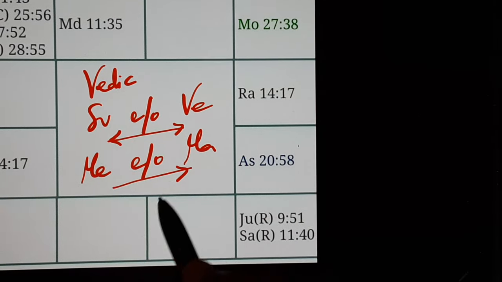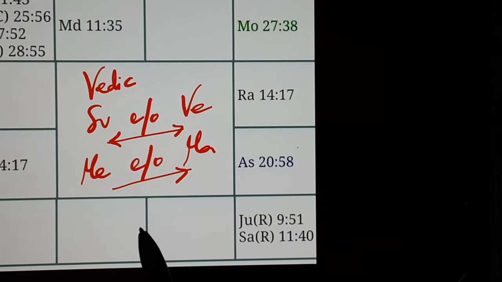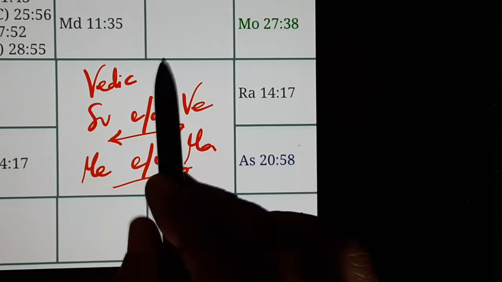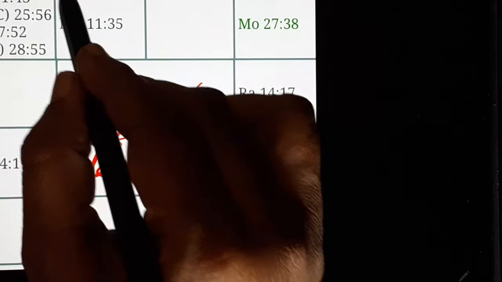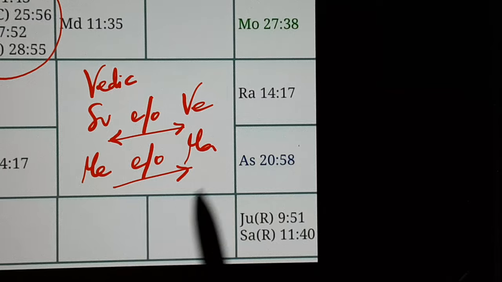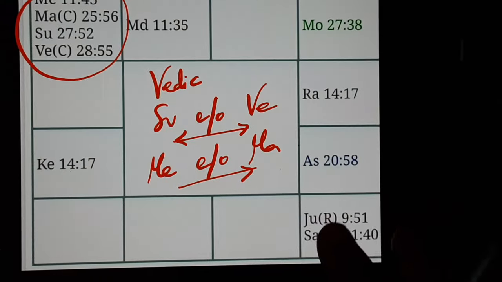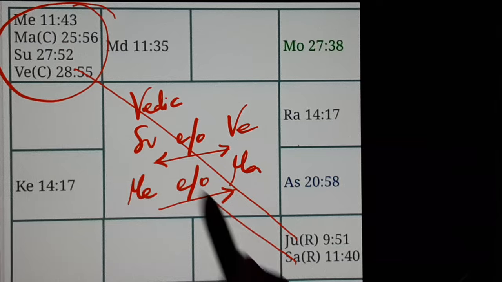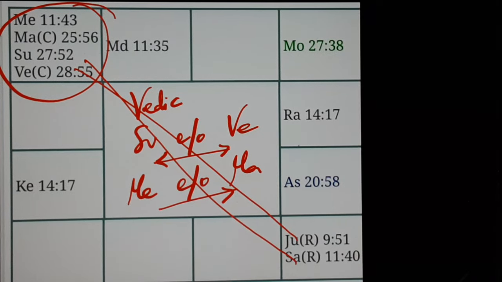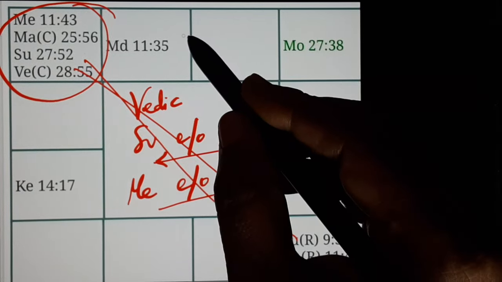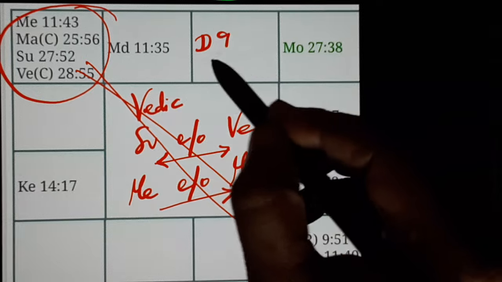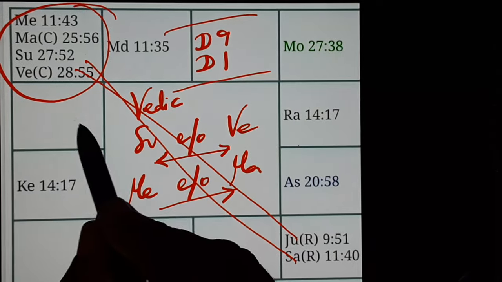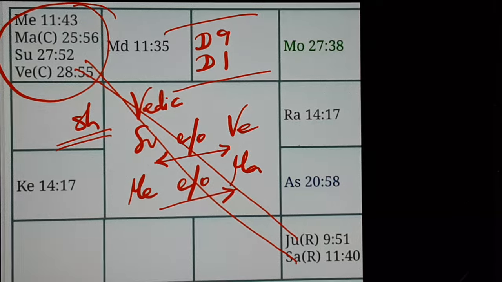This is one-way enmity, and this is how the manifestation of events was totally closed here, due to a very complicated friendship and enmity operating in the 7th house from Jupiter, and also the 7th house from the 7th lord is damaged in every way, both in the Navamsha as well as in the D1, as all the planets have moved into the 8th house, placed in the 8th.